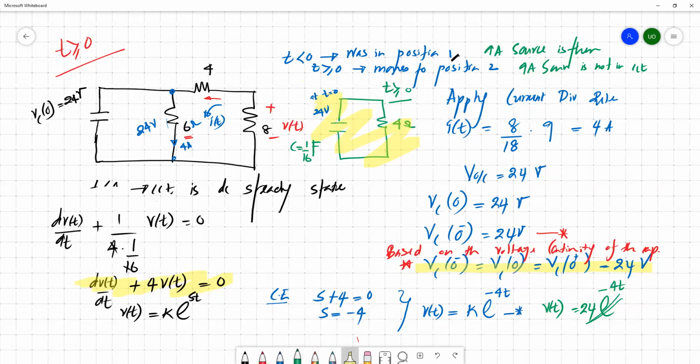So this is the voltage across the circuit.